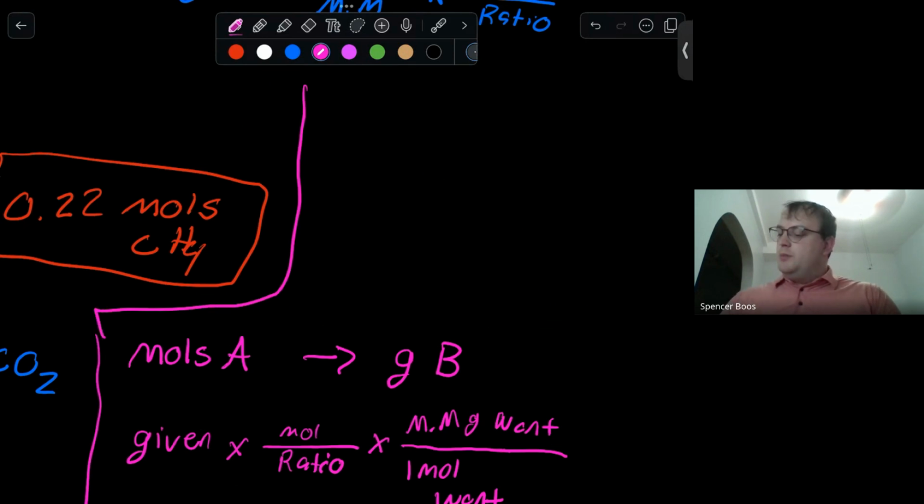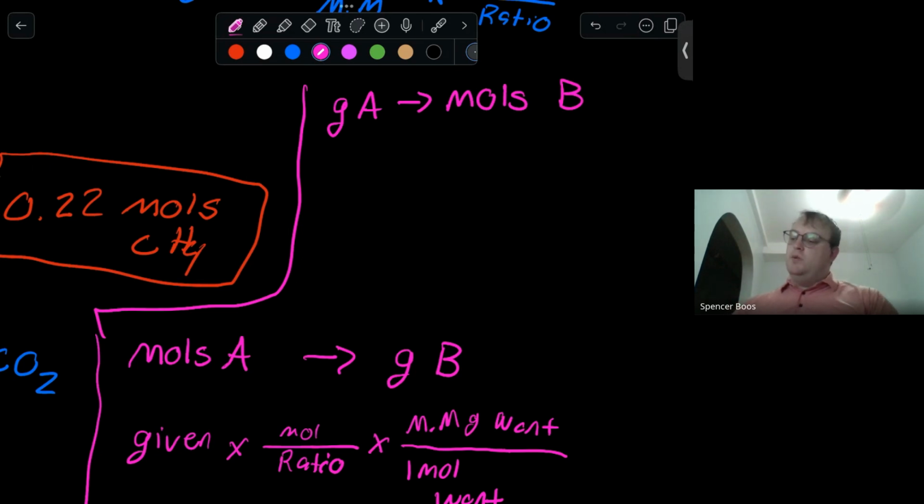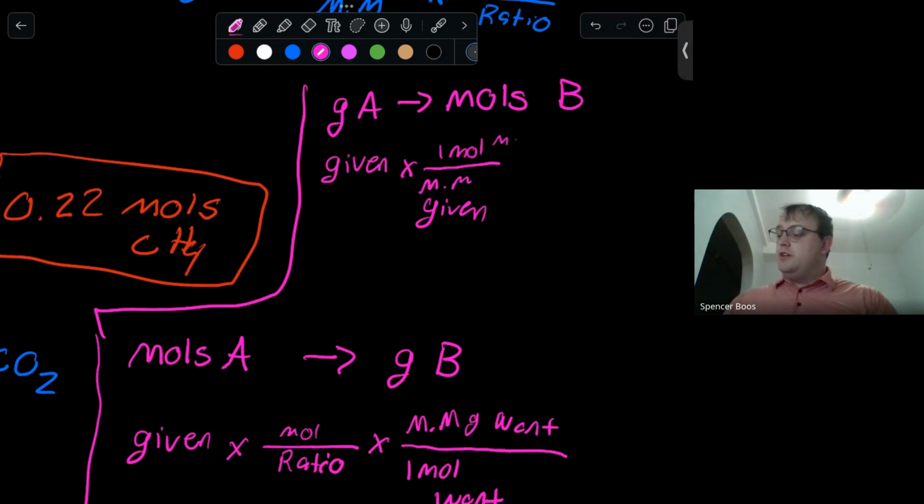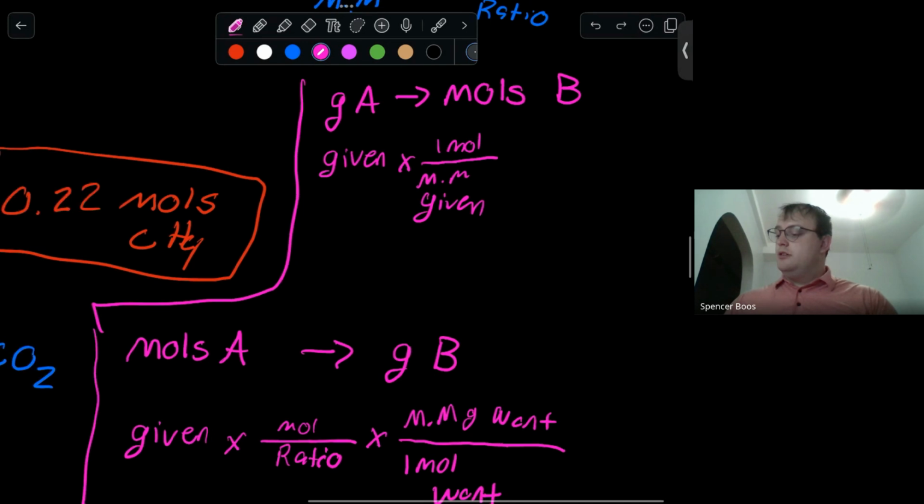If we want to go from grams of A to moles of B, we do our given times the molar mass of our given, and that's under 1 mole of our given, times our mole ratio.